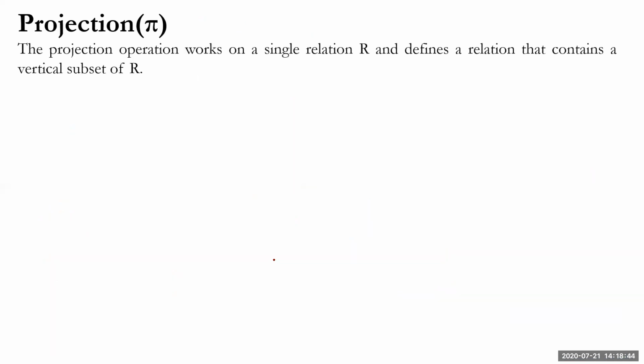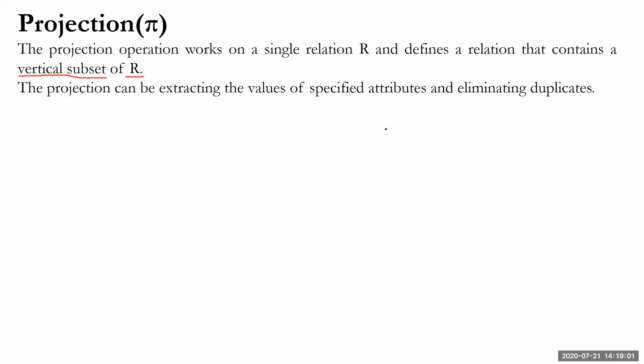But here in projection, it displays the vertical subset. It always selects a certain number of columns from R. So the vertical subset is displayed for this relation R. It also eliminates the duplicates.